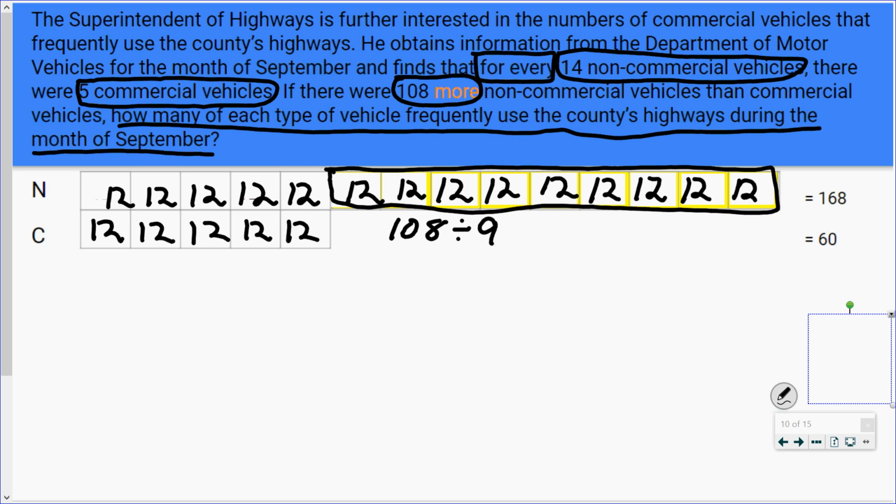Let's see, Brooklyn, you got it this time? Okay, we got 168. Okay, so that's correct. So you have 168 non-commercial vehicles, and you will have 60 commercial vehicles.